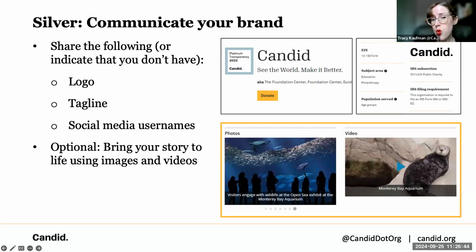Or also, if you want, you can put photos and videos that can really help enhance your storytelling within the organization. If anyone here has taken the time to put together a short video that really beautifully tells the story of your impact, and you're always looking for ways to get that video in front of people, especially in front of donors and funders, this is a nice way to insert that, especially when, for instance, you're applying for grants.